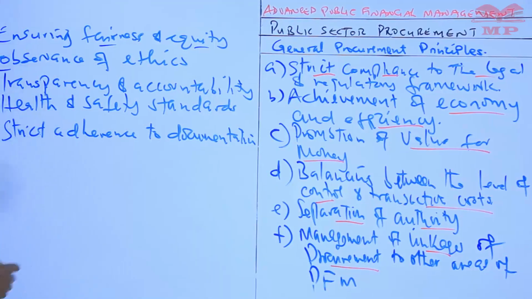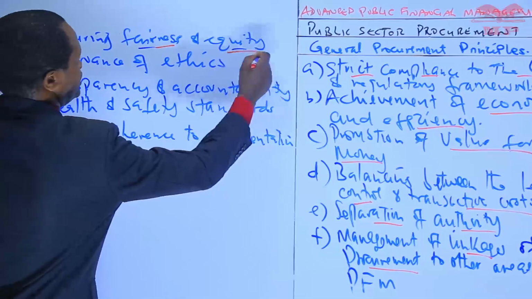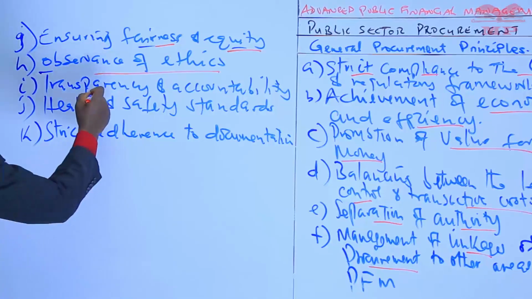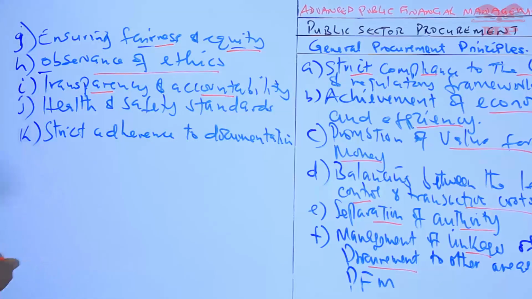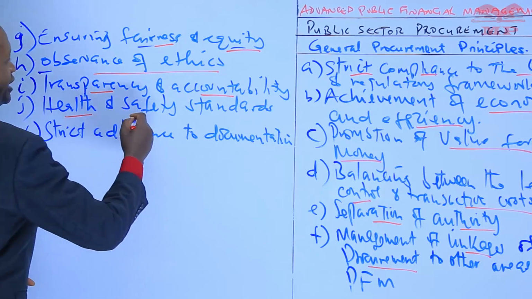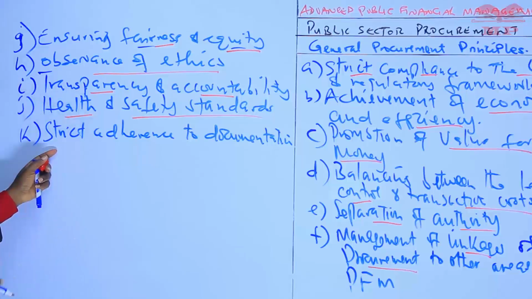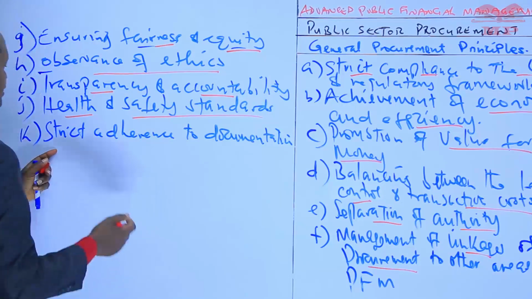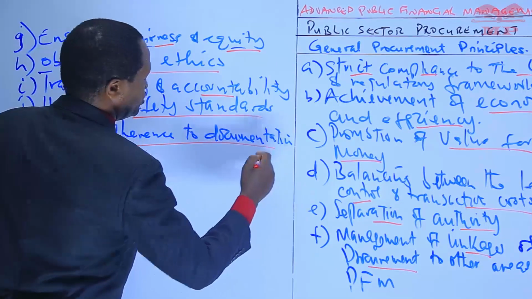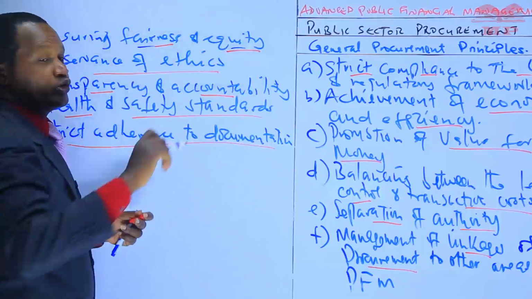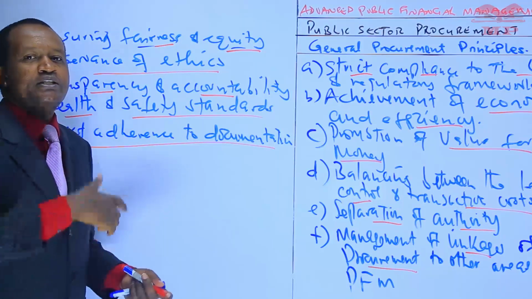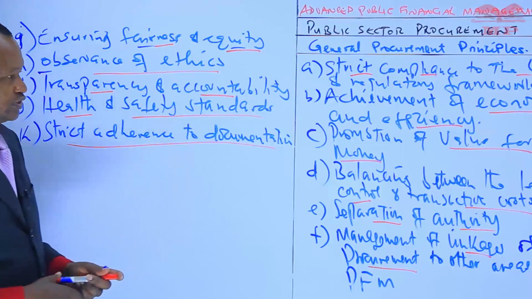Then fairness and equity, observance of ethics, transparency and accountability, health and safety standards, promotion of health and safety standards as well as environmental protection, then strict adherence to the appropriate documentation for all the steps of the complete procurement and disposal cycles.